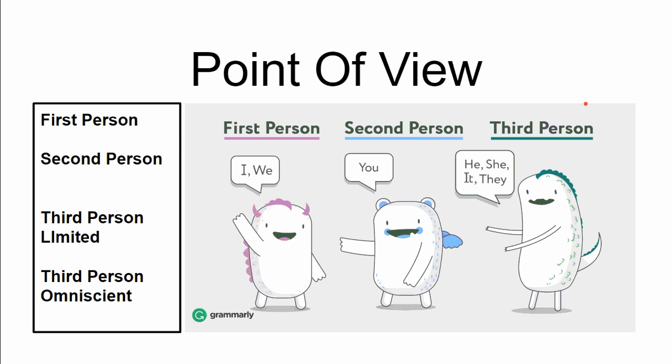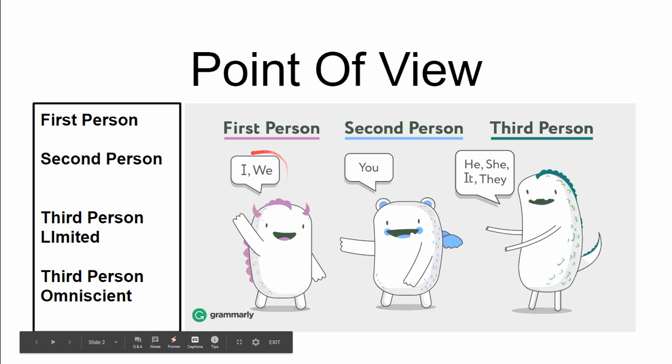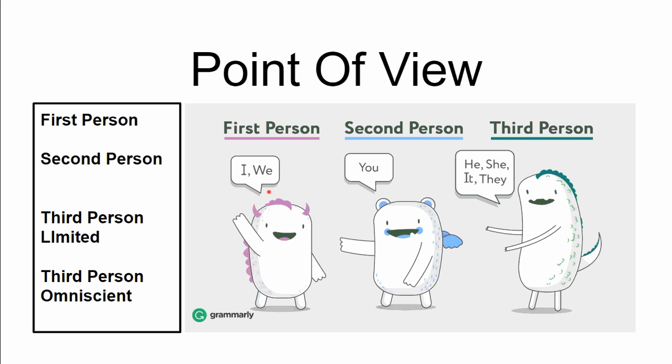So we have different kinds of point of view. We have first person point of view, second person point of view, third person limited, and third person omniscient. The point of view that we're hearing the story from is going to affect the pronouns that are used. In first person, we're going to hear words like I and we because the person in the story is telling the story.